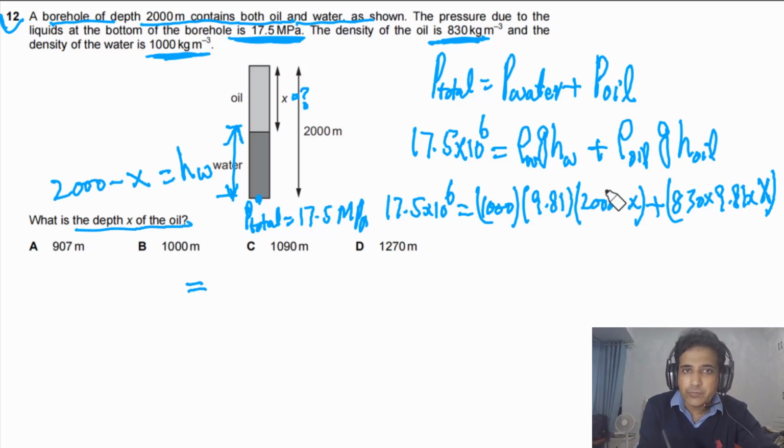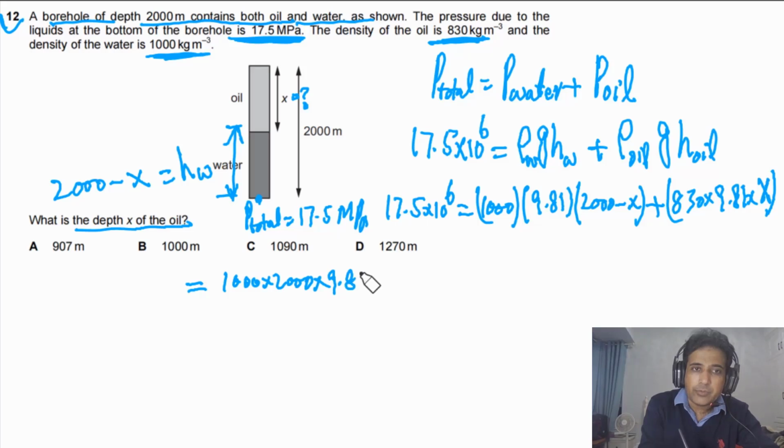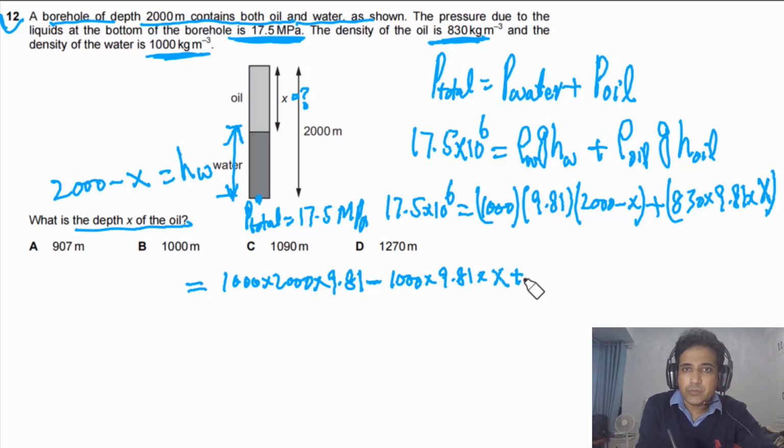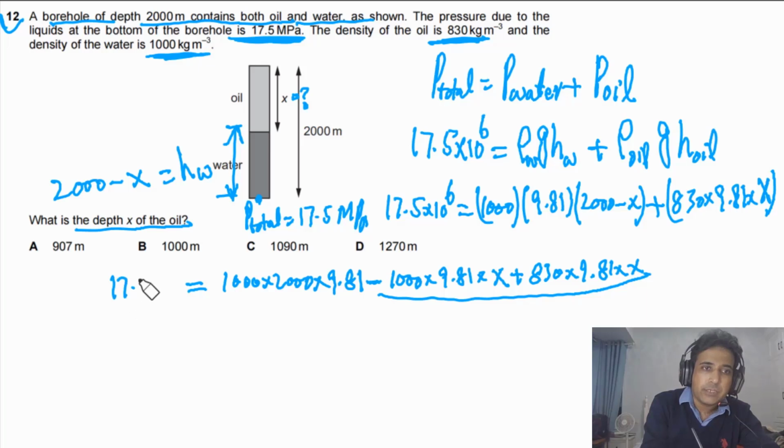If we simplify this part, we will get 1000 multiplied by 2000 multiplied by 9.81, and here we will get minus 1000 multiplied by 9.81 multiplied by x, and here we will have 830 times 9.81 times x. So this is in terms of x, and here we have 17.5 times 10 to 6.